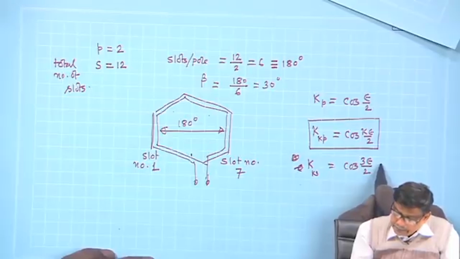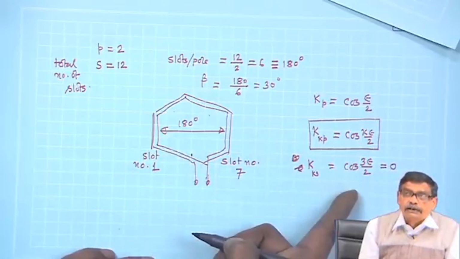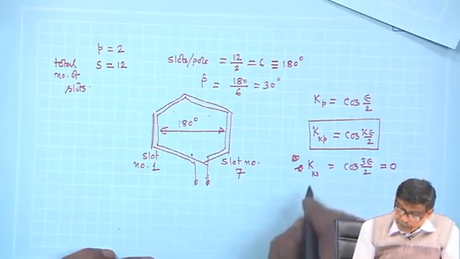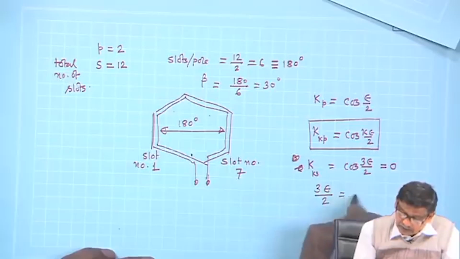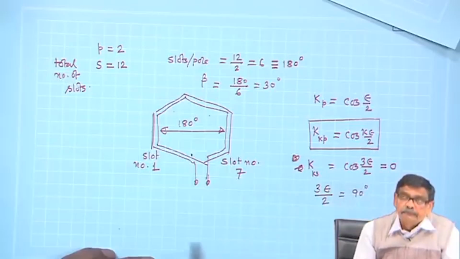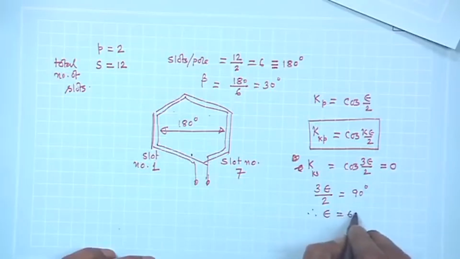Can I make it 0? For what value of epsilon can I do that? Obviously, this will be 3 epsilon by 2 equal to 90 degree, and I will say epsilon is equal to 60 degree.